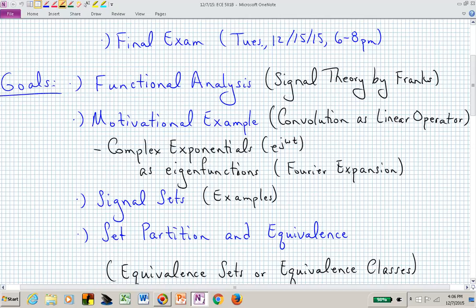We'll look at a motivational example, which is convolution. We'll see that convolution is a linear operator. And in fact, what falls out is this Fourier expansion. We'll see that instead of eigenvectors, now we're talking about eigenfunctions.